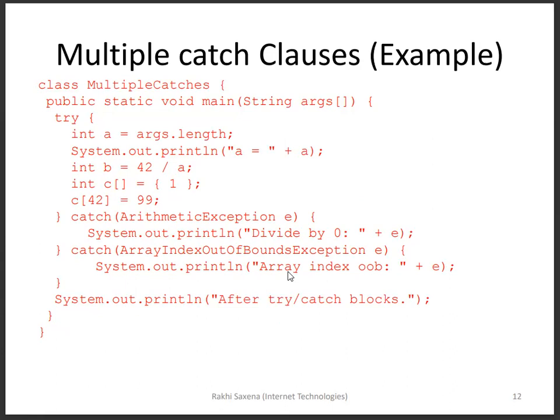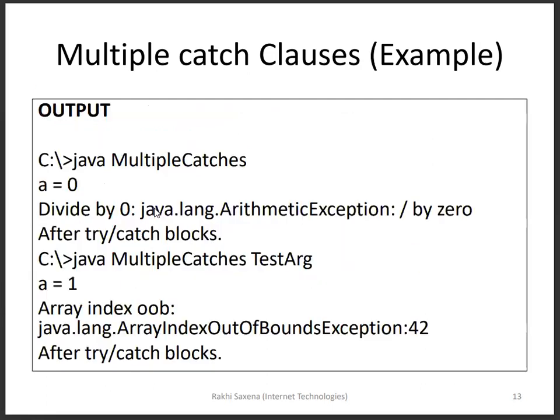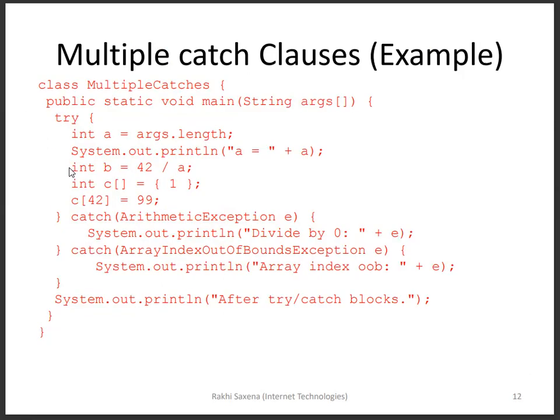Here, c is having the value 42. Since we have created only one value, the arithmetic exception happens here, but the array index out of bounds exception will also occur. Here a is arguments dot length.